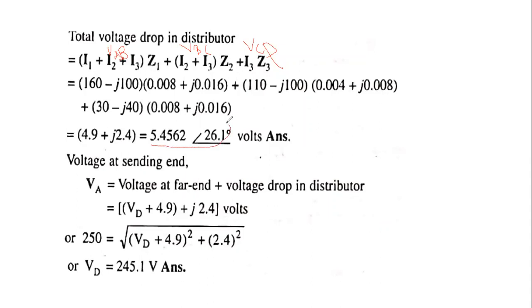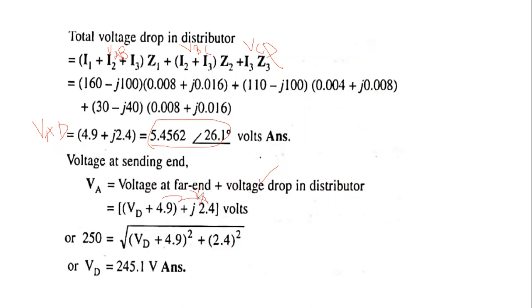Then we obtain the total voltage drop in the distributor, that is VAD. Next, the voltage at the sending end, that is VA. VA is equal to the voltage at the far end plus the voltage drop in the distributor, VD plus VAD, where VAD is 4.9 plus j0.